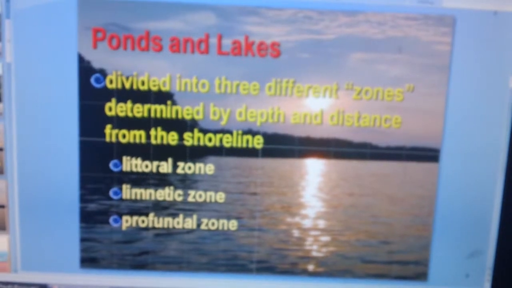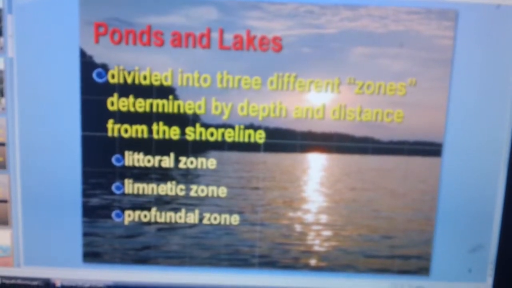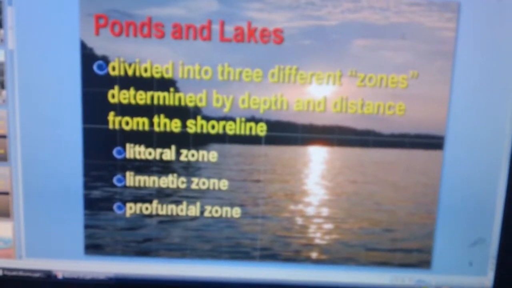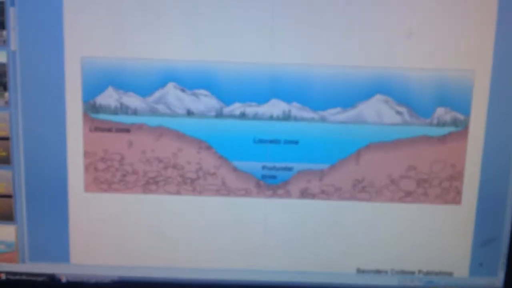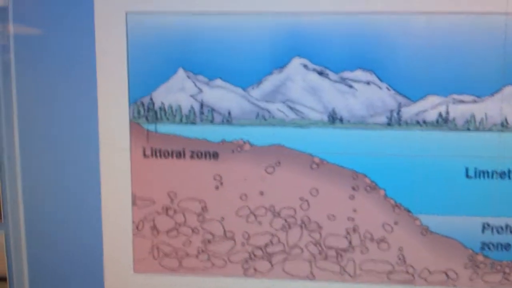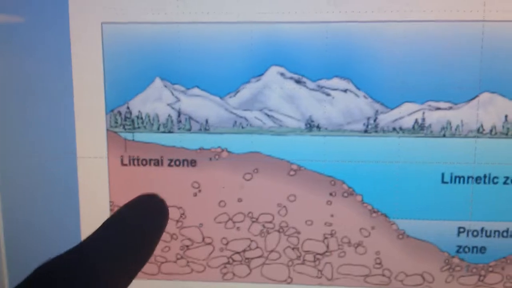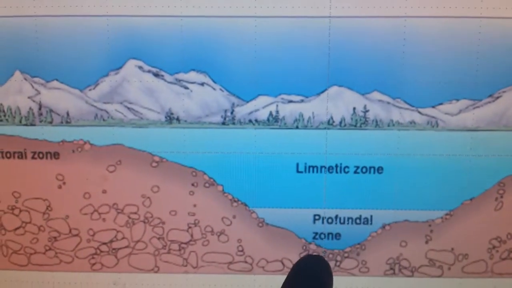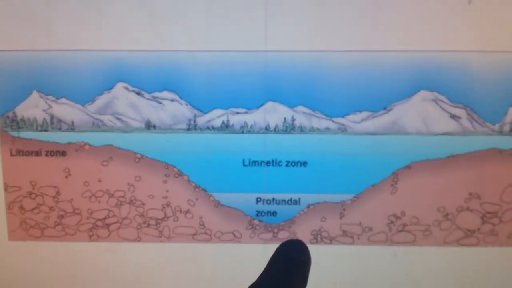Ponds and lakes are divided into three different zones: the littoral, the limnetic, and the profundal zone. The littoral zone starts right here, the limnetic zone is right here, and the profundal zone is right here.